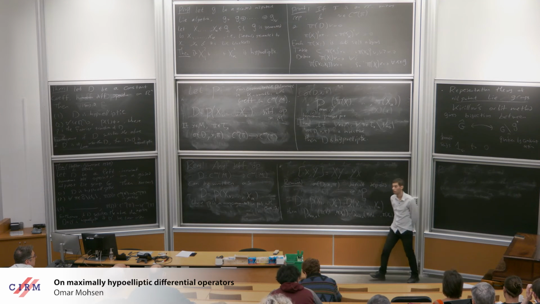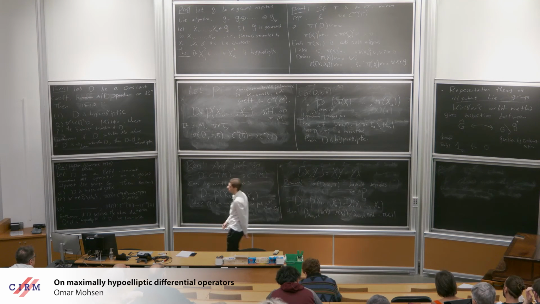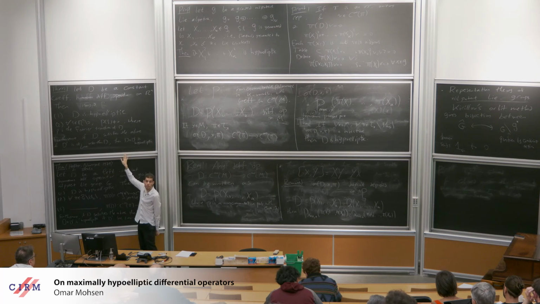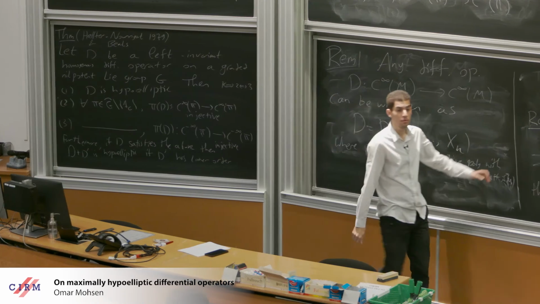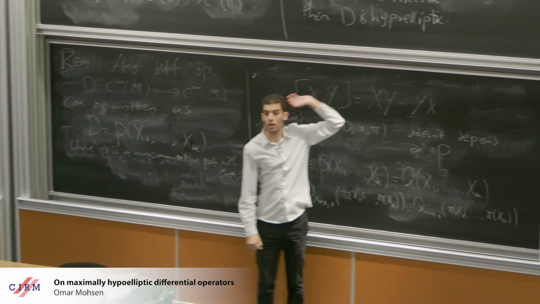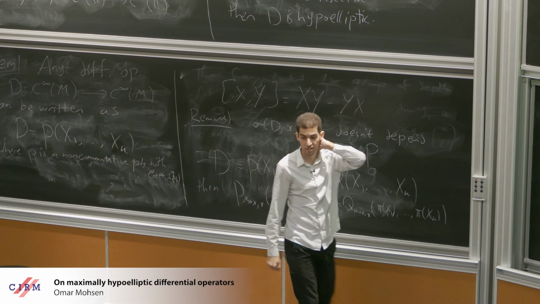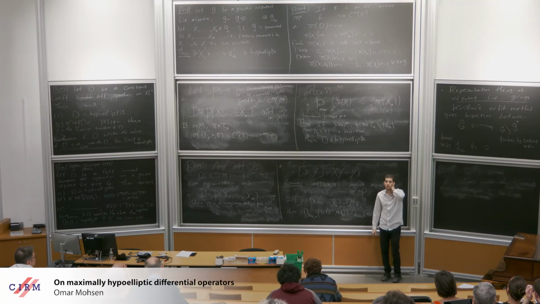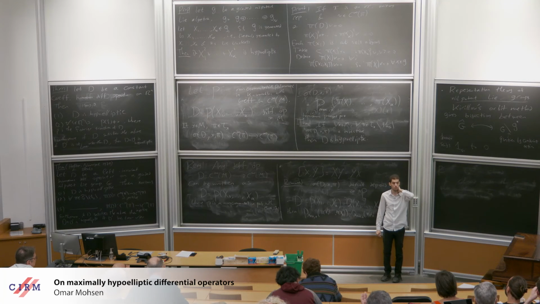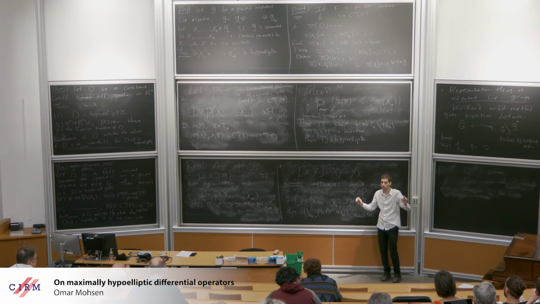Not at all. This one was if and only if. This one was if and only if. But this one, no. The reason is that it's extremely unlikely that we can classify hypoelliptic differential operators. Not soon, not with the current methods, not anytime soon.